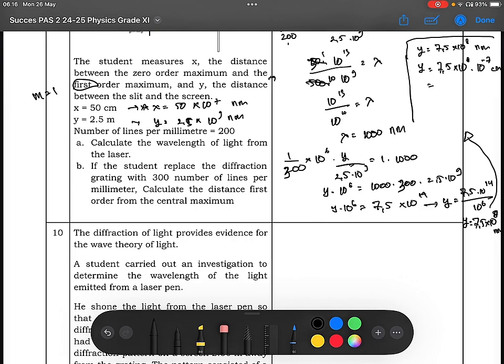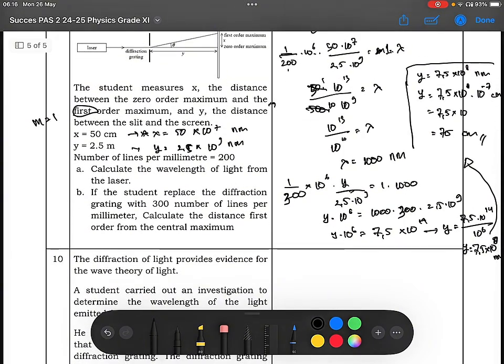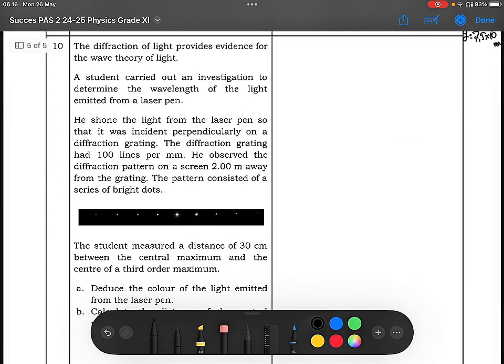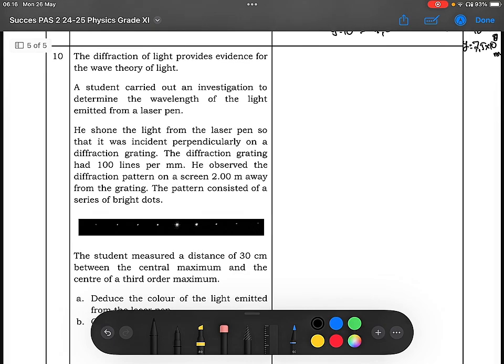So it is 75 centimeter. If the grating is higher than before, the distance of the first order is higher. Before it was 50, now 75 centimeter.